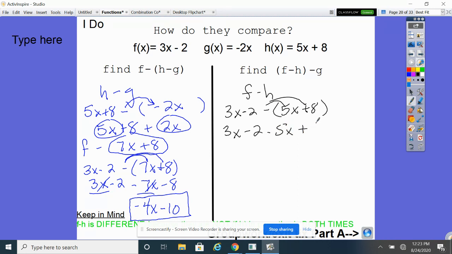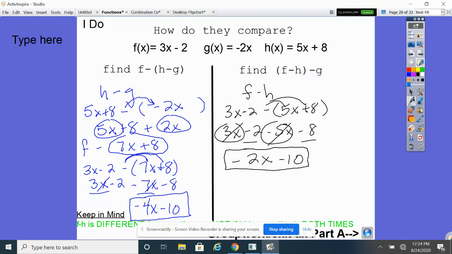Negative 5x, minus 8. All right, 3x's take away 5x's. That's negative 2x's. Get rid of them. We're done using them. Negative 2, negative 8. That gives you negative 10. There's our final answer. Turns out when they're all minus signs, they're different.